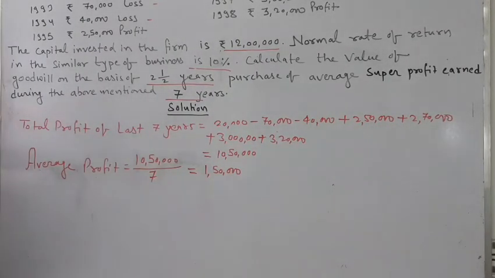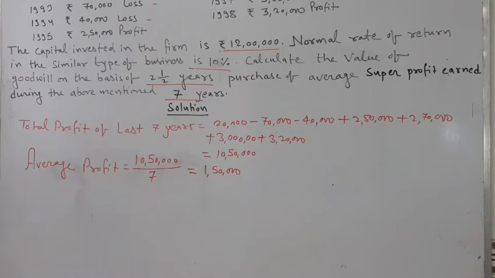Average profit is already calculated: 1,50,000. Next, I will have to calculate normal profit.